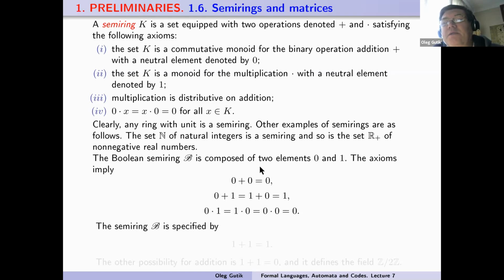And the Boolean semiring B is specified by 1 plus 1 is equal to 1.